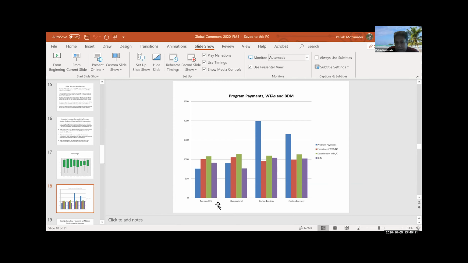If Mexico implements the auction mechanism in the PES program they have now, it will cost them more money, because the villagers, and it's also consistent with the survey we have done, think they are not getting paid enough. Their willingness to accept bid is higher. On the other hand, for the new programs, silvopastoral, coffee erosion, carbon forestry, that don't exist in the community now, this mechanism can be implemented in a much more economically efficient way.